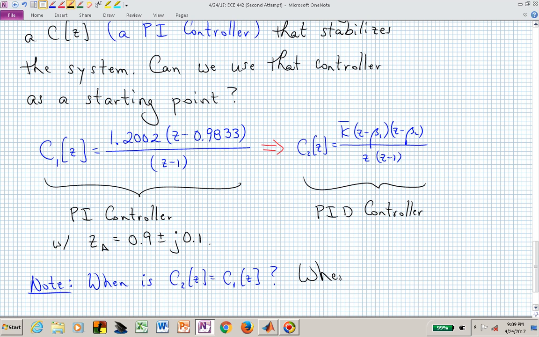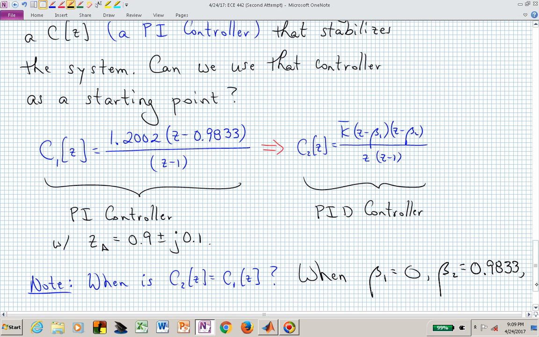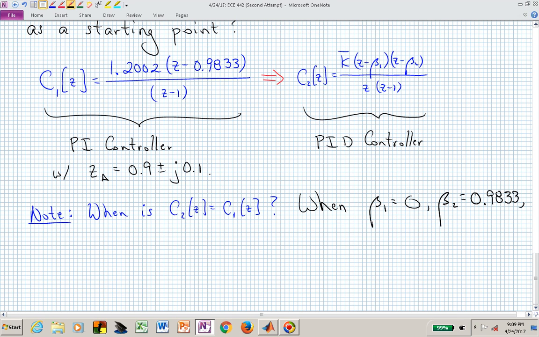Well, that will happen when beta 1, let's say, is equal to 0, and beta sub 2 is equal to 0.9833. Now we have the numerators matched other than the gain, and if we select the gain, k bar, to be 1.2002, then in fact we can have the PID controller equal to the PI controller.